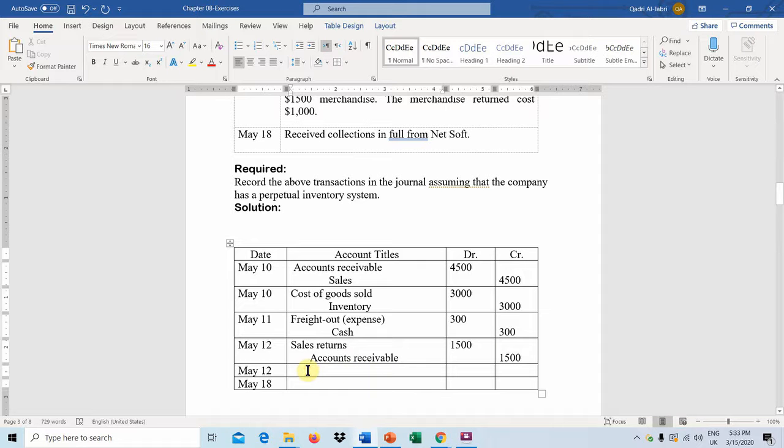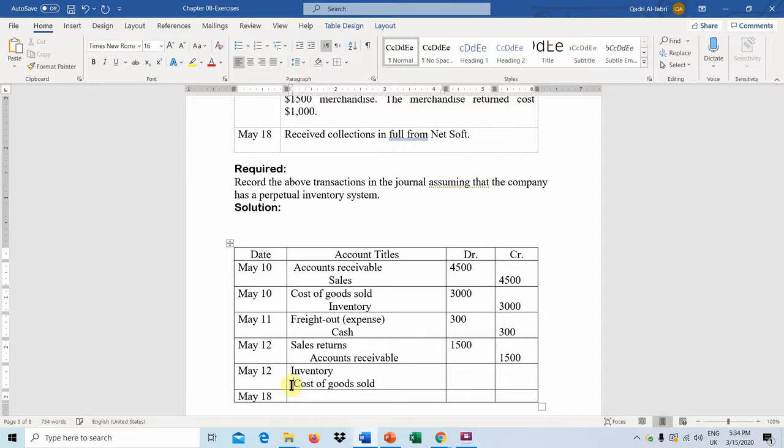Now also at the same date, we have to reverse the second journal entry related to the cost of goods sold, because now when the customer returns the inventory, inventory will be increased and cost of goods sold will be decreased.